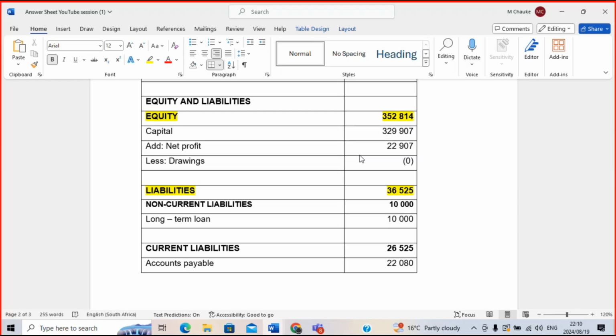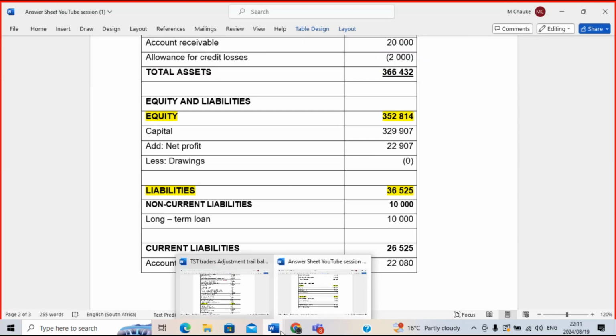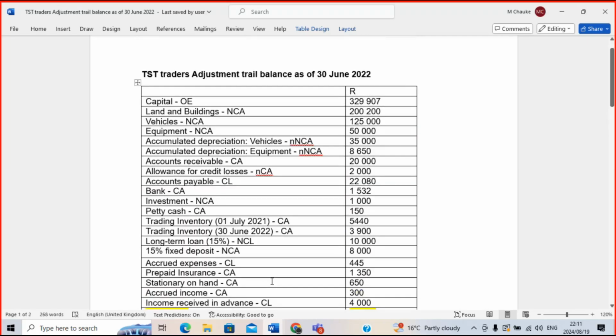Our equity, our net profit, our capital, right? Let's check our capital. How much is our capital? Let's go back to the question. Our capital, according to the question, let's see.